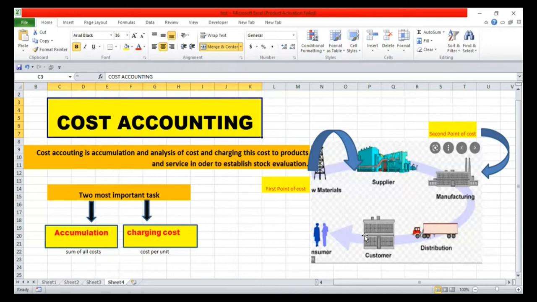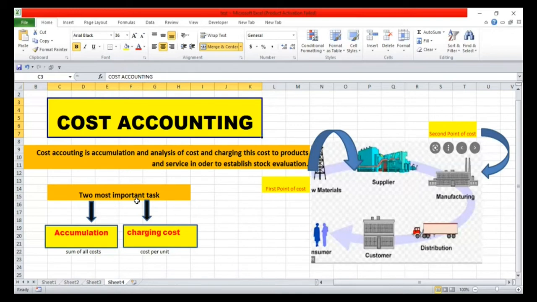According to this definition, we are going to do two most important tasks: one is accumulation of cost and second is charging that cost to our products and services.